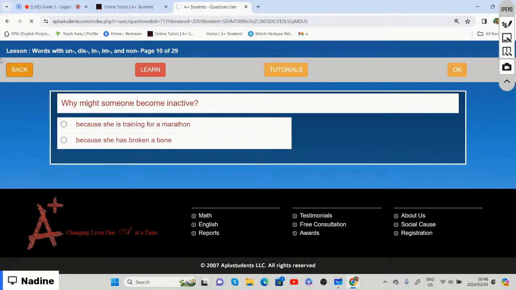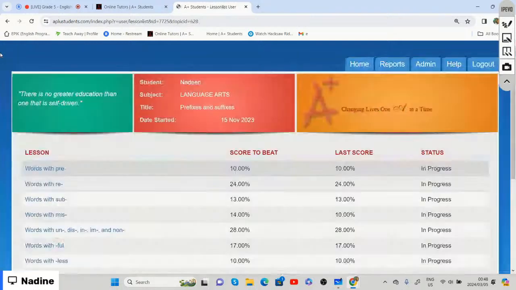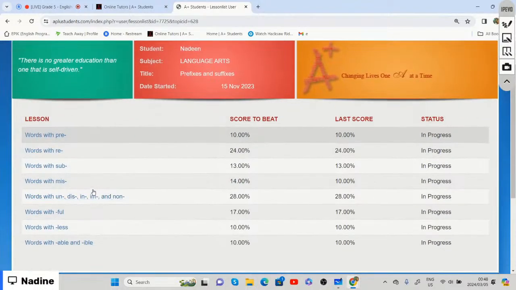All right, so this is now our lesson on prefixes and suffixes, right? We said the words mis, dis, in, im, and non. They all mean the opposite, or it means not.